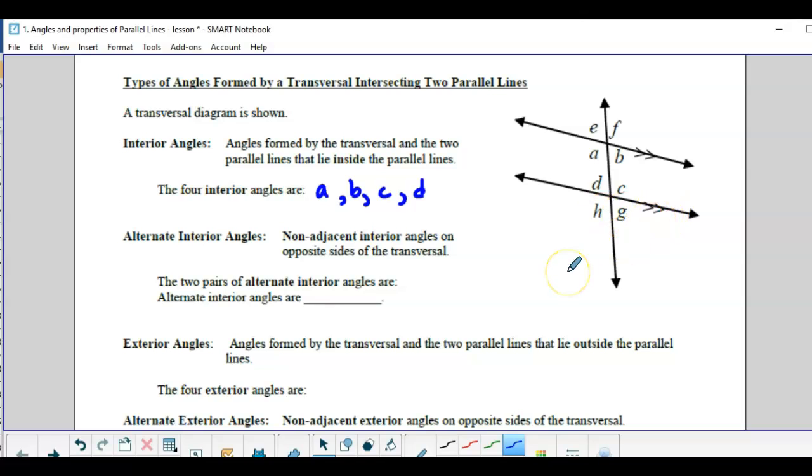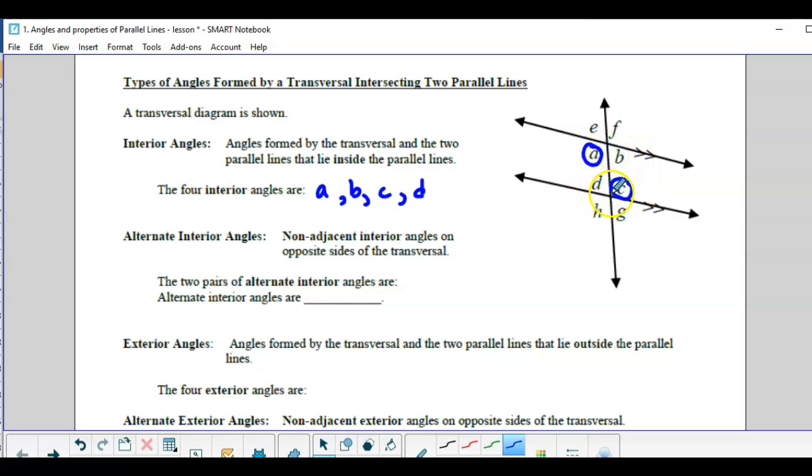If you're riding on your bike or walking or whatever. Non-adjacent also means they're not next to each other. Adjacent means they are.